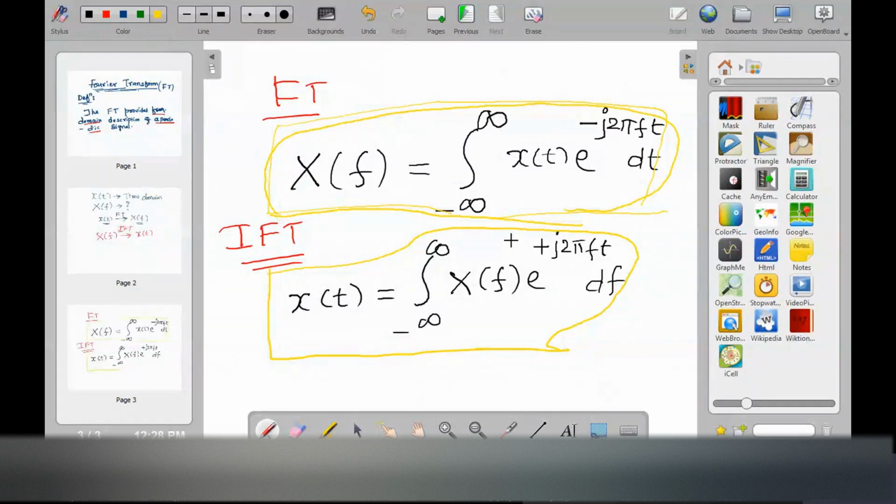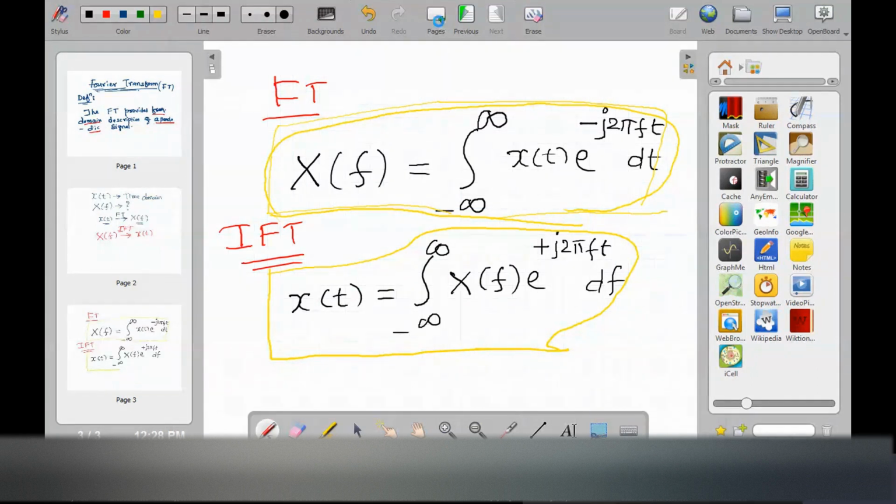I hope this definition is clear to you. Do you have any doubt? You can ask me. If anyone wants to ask any question related to these two equations, you can ask me. If not, I will go ahead.